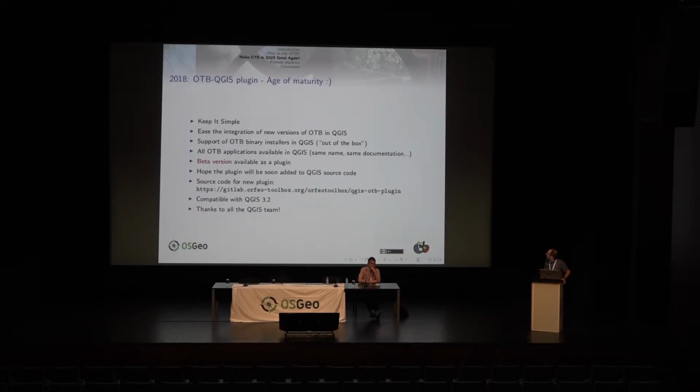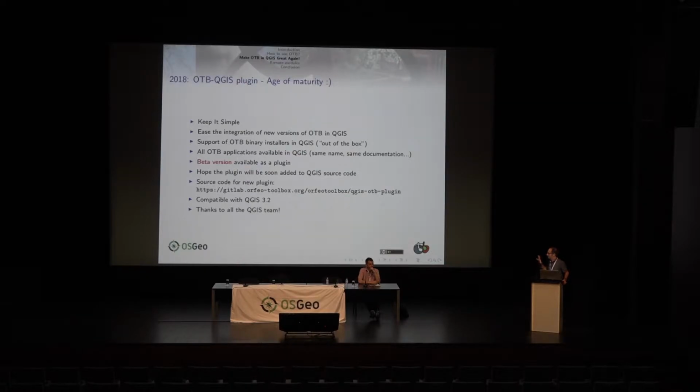So we have a new version of the OTB QGIS plugin, which aims at supporting our binary installers in QGIS out of the box. So you just download the OTB installer, you install, and it's working in QGIS, no matter what version you have installed and all that. You have all the OTB applications without any changes to the name, to the documentation.